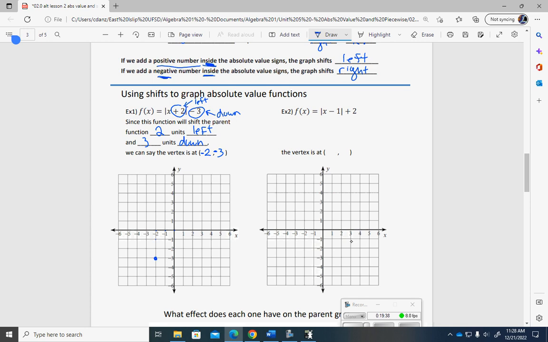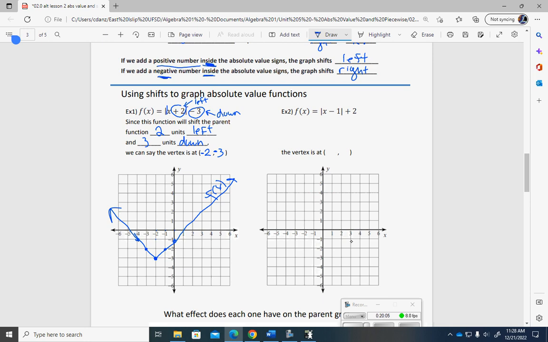Here's my new vertex. And since the coefficient of x is just a 1, it's going to go up 1 over 1 on both sides. And this is f of x.